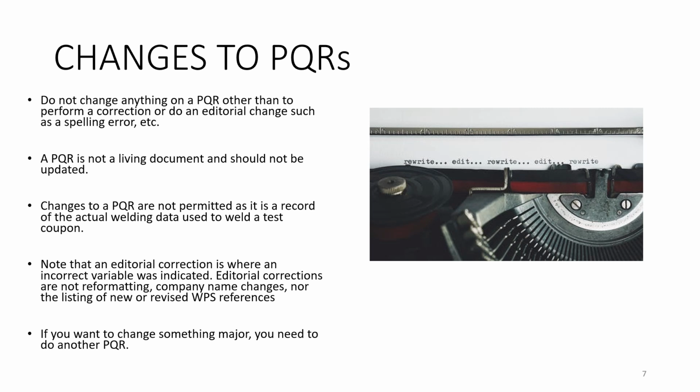An editorial correction is going in and fixing typos, doing that kind of stuff. If you want to change something major, you need to do another PQR. If you wanted to use another filler material, you don't just do another filler material and then add something to this PQR. You just do another PQR. That's the best, cleanest way to do this.